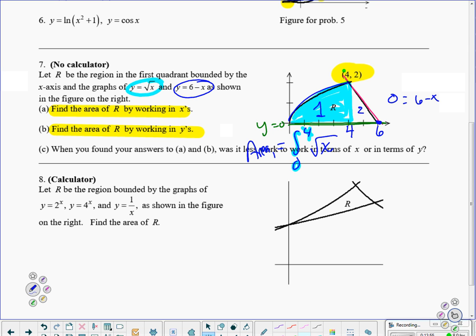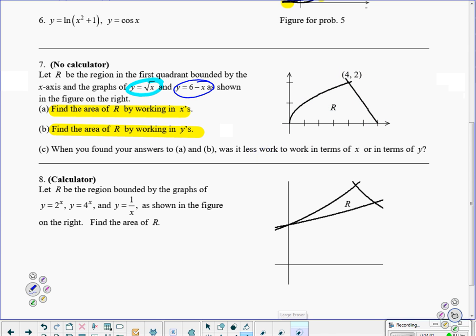If I wanted to work in y's, I may not have to use 2 integrals, right? Because now if I think about right minus left, there's the red function, here's the blue function. Red is always to the right of blue, and I could set that representative rectangle in horizontally now.